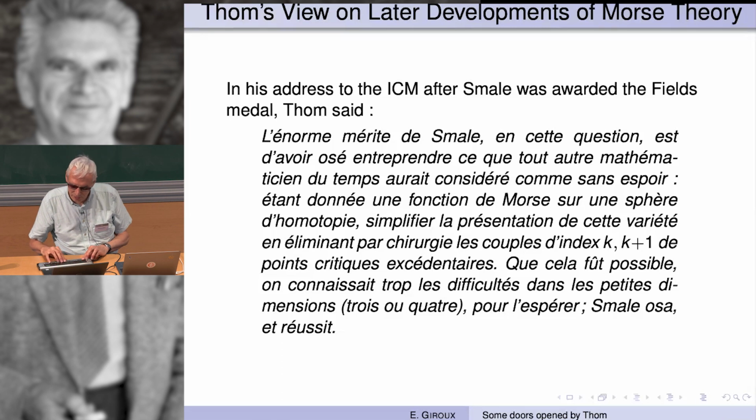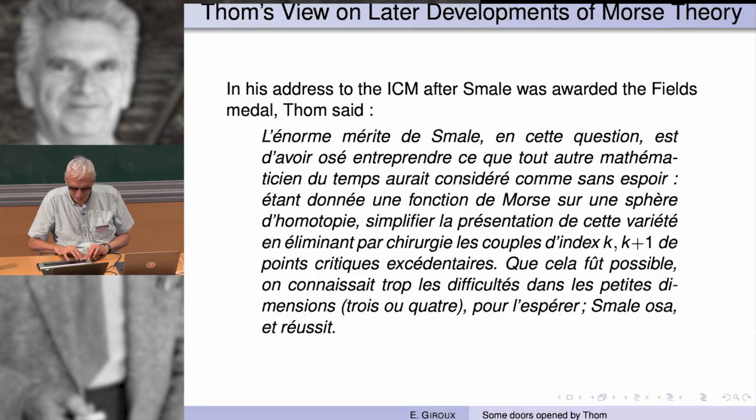Maybe let me read it quickly. The enormous merit of Smale in this question was that he dared undertake what any other mathematician of the time would have regarded as hopeless. And I think that when he said any other, he was thinking first of himself.